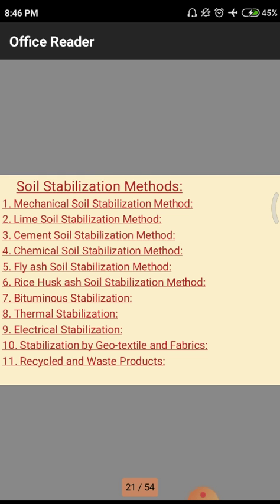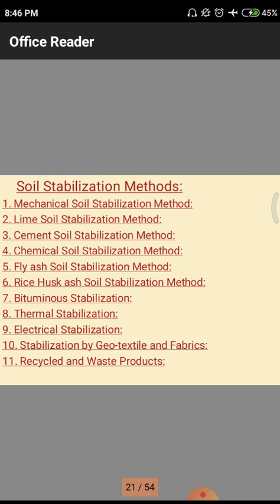Next one, electrical stabilization. We have also observed this electrical stabilization in the form of electro-osmosis in the second chapter, so it is also a stabilization method. Next one, stabilization by geotextiles and fabrics. That means we have to use some quantities of polyethylene and polycarbonate, that means plastics.